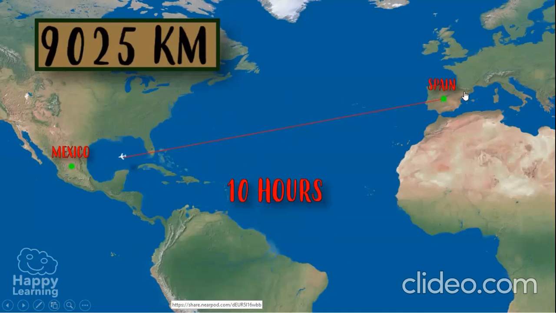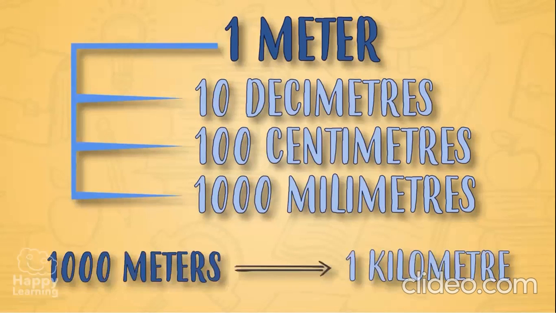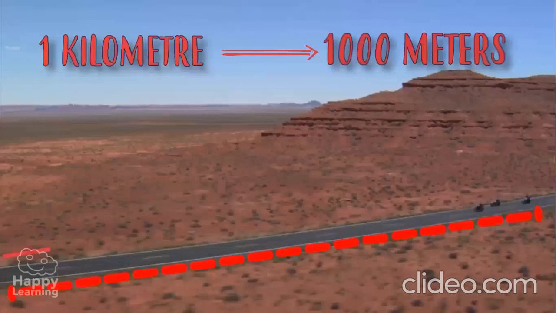So it's about 10 hours traveling by plane. Oh my God. Yes, so long. Okay, so we learned about meters, decimeters, centimeters, and millimeters, right? Right, teacher. And about kilometers also.